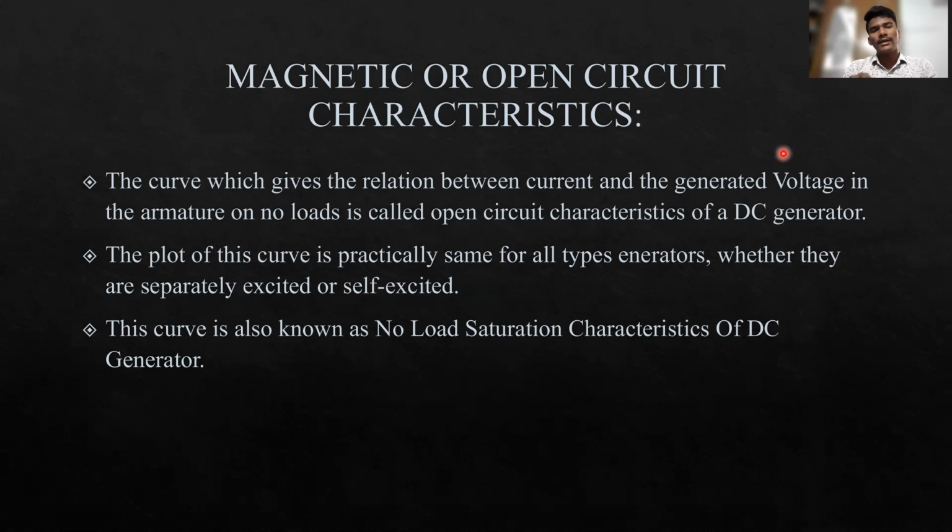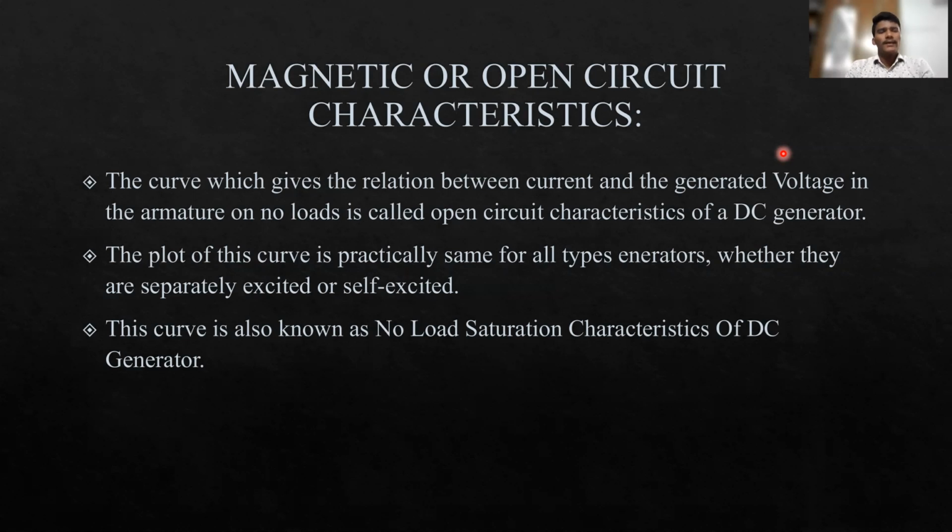So, the curve which gives the relation between current and the generated voltage in armature in the DC generator is called open circuit characteristics of a DC generator.